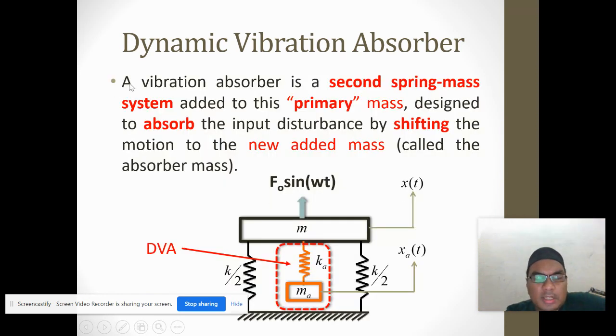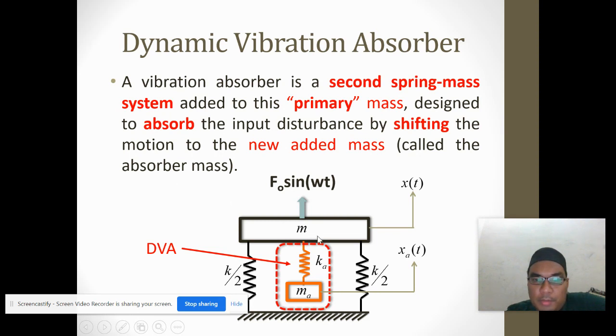So a vibration absorber, or DVA, is a secondary spring mass system added to the primary mass. We have the primary system; let's say the bridge is designed as a single degree of freedom system, and there's the force excited by the people there, so the vibration of the bridge is high. The DVA is designed to absorb the input disturbance by shifting the motion to the newly added mass, called the absorber mass.